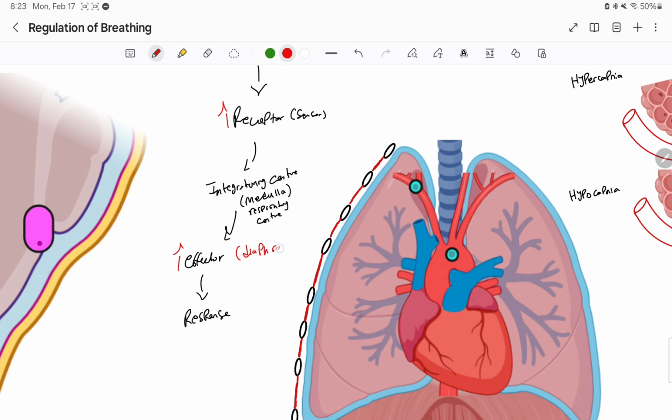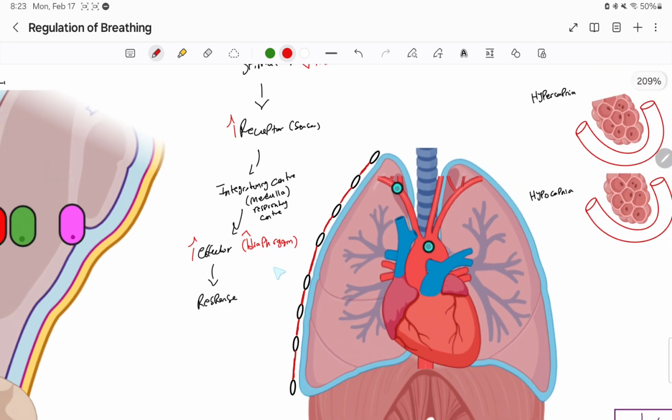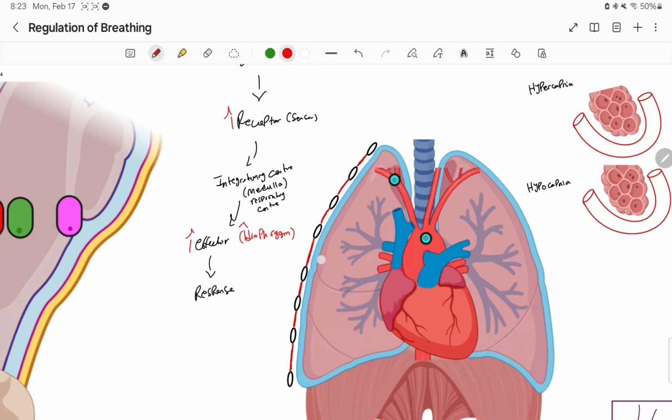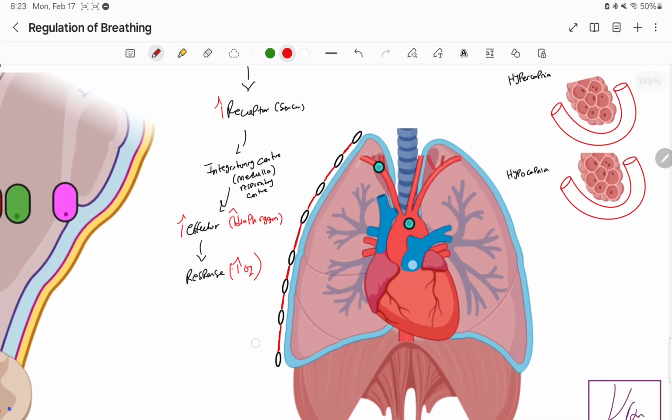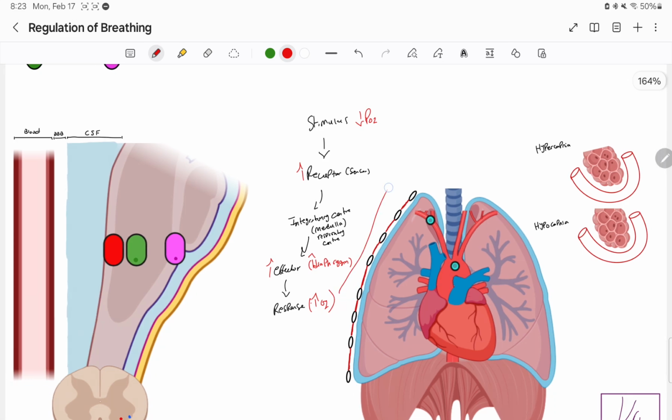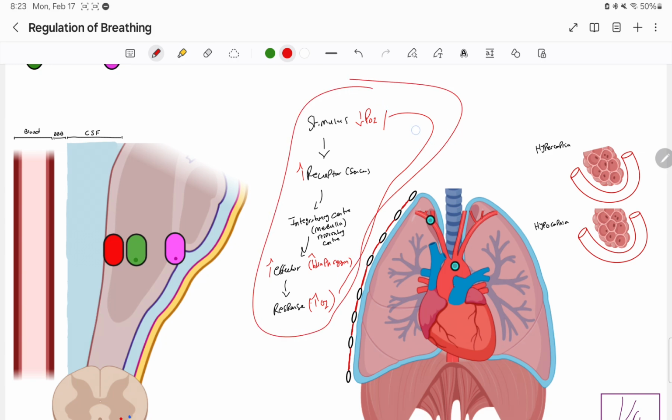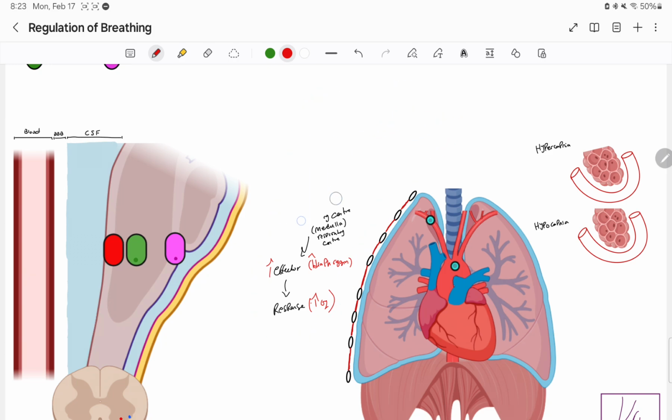It'll tell the diaphragm to increase its activity and contract more, which means what? We will have a higher inspiration, and the response would be that I bring in more oxygen, which will then, as you can see, inhibit the initial stimulus, okay? So this is the kind of pathway or schematic that we're going to be working with today.